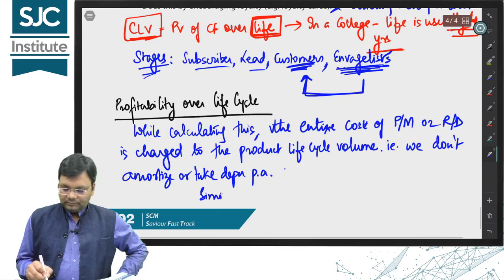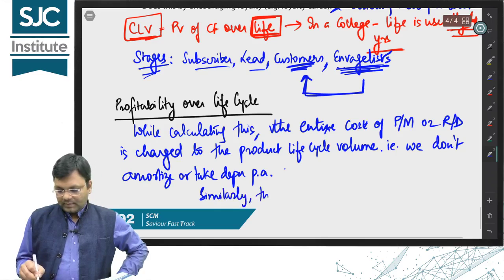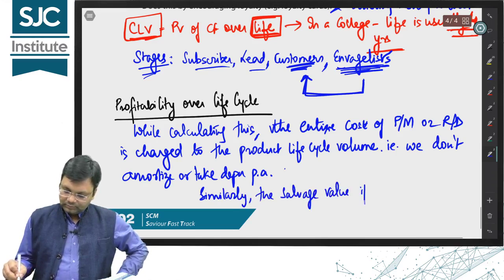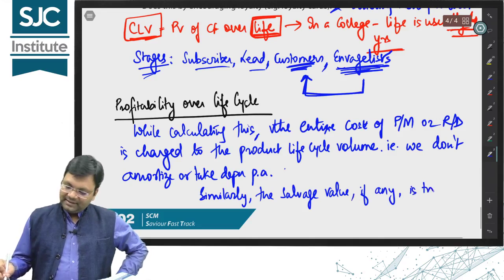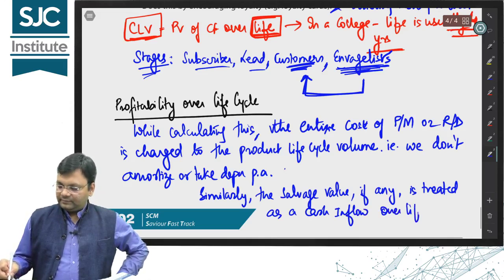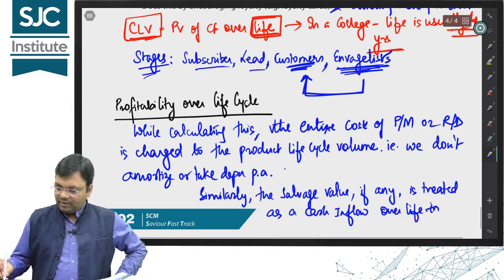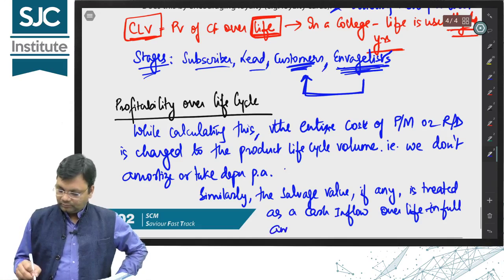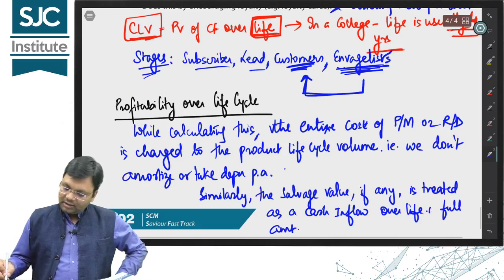Similarly, the salvage value, if any, is treated as a cash inflow over life in full amount. So you should not amortize it again.